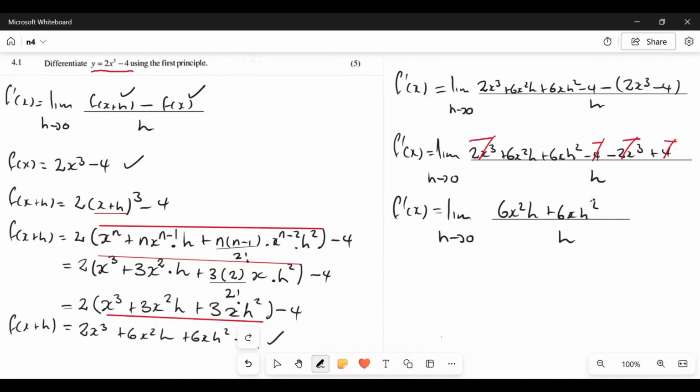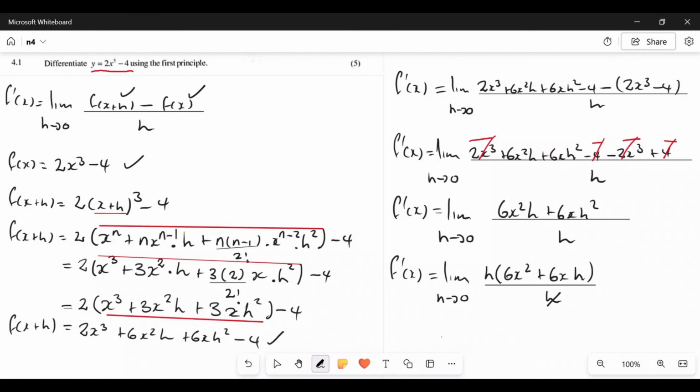So let's continue. As you can see, on the numerator we have two terms and both of them contain h. So it means we have a common factor. So f prime of x is equal to the limit as h approaches 0. If you take out the common factor on the numerator, we're going to have h, and on the first term we're left with 6x squared plus 6x h, all divided by h.